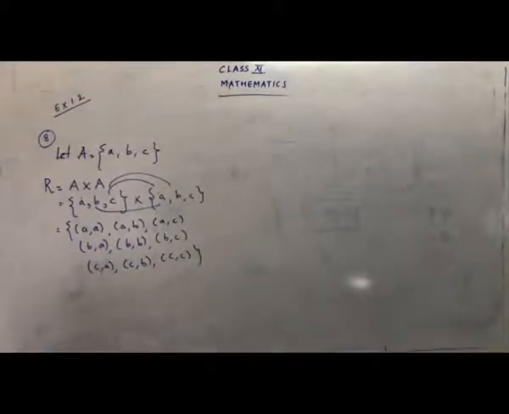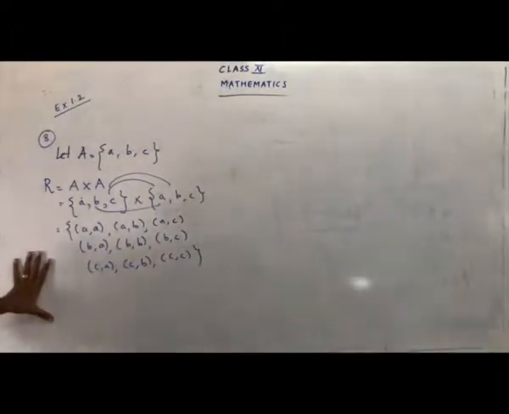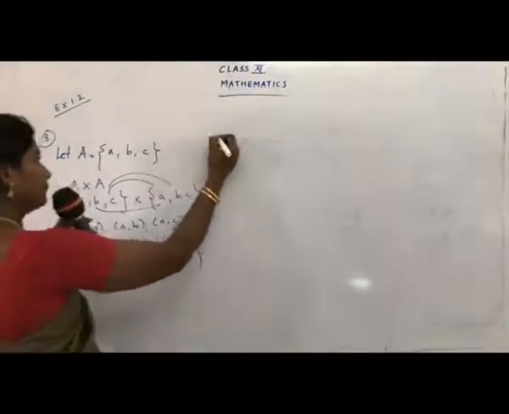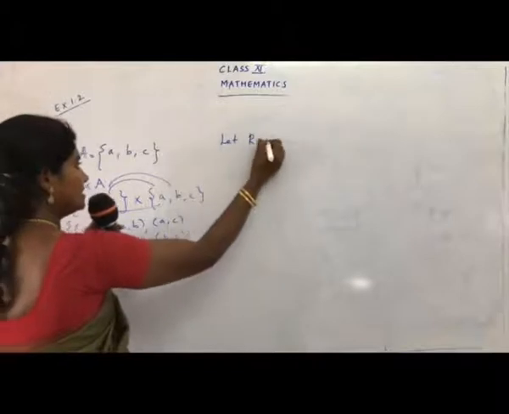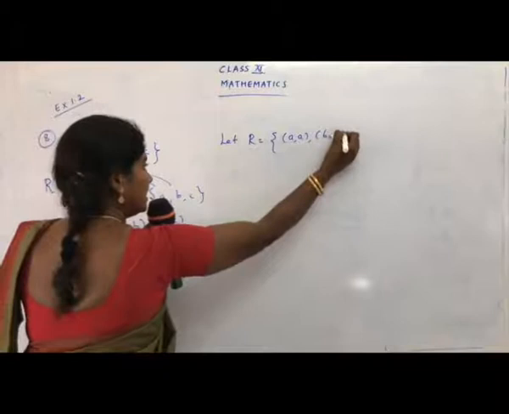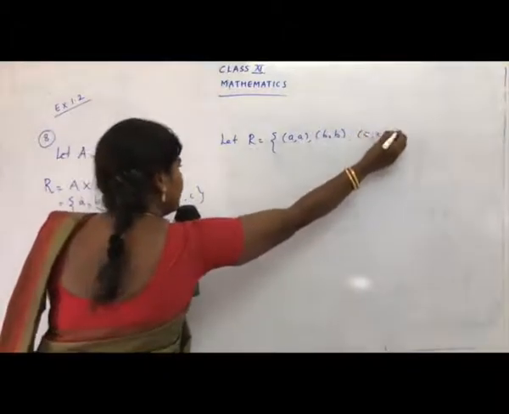So now what are we going to do? The first thing is we are going to find out the equivalence relation of smallest cardinality on A. So what I am going to do is choose a few pairs from R. I'll just choose R as {(A, A), (B, B), (C, C)}.